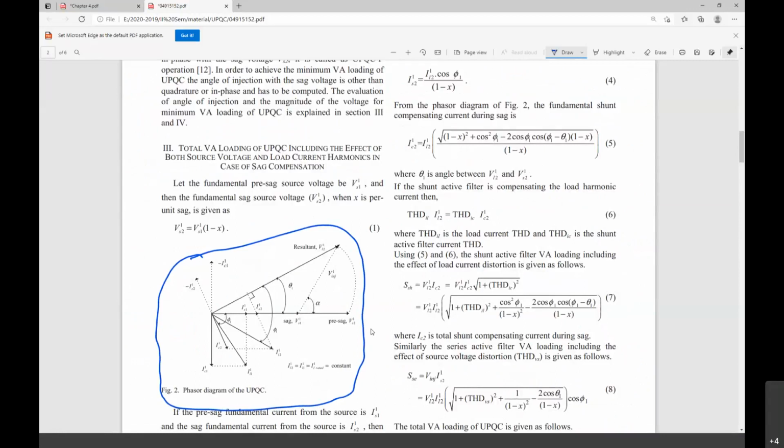What I would like you to understand is, see, IC is the compensator current, IL is the load current, and IS is the source current. Here also it has been mentioned that in all the cases, after compensating, the load voltage to this point, these are the pre-sag voltages.